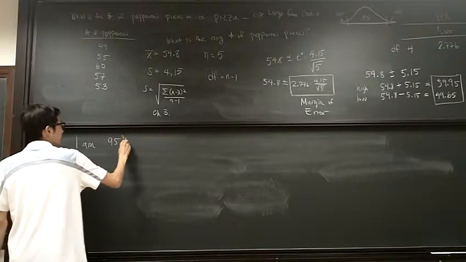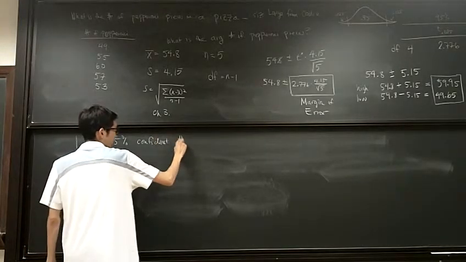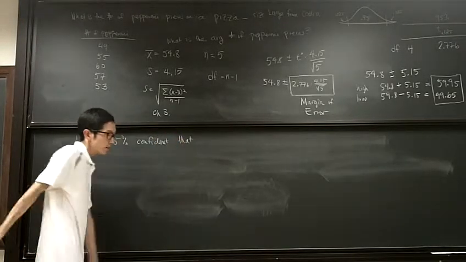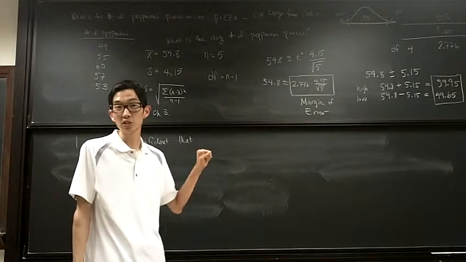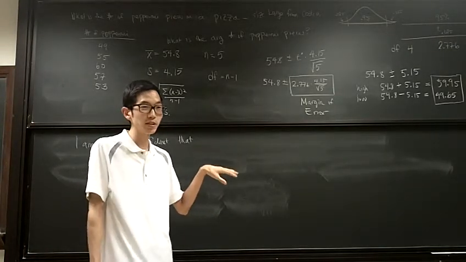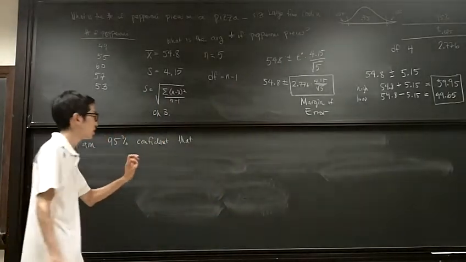I am 95% confident that... so our confidence interval is always about the population, okay? It's not about individual pizzas, it's not about future pizzas, it's about the population mean mu.